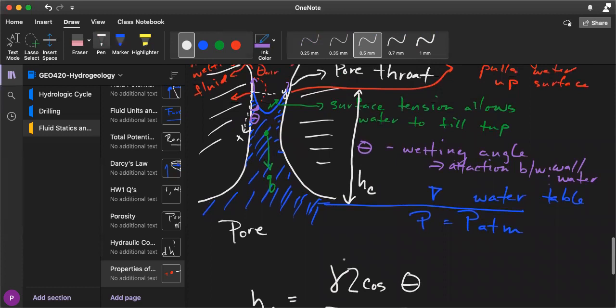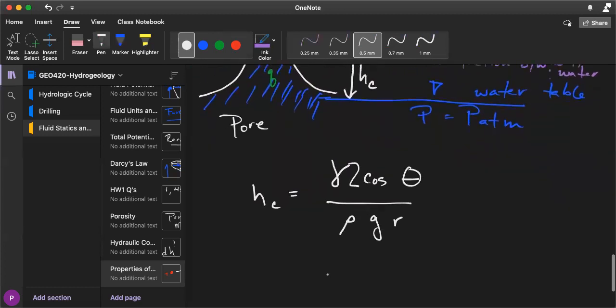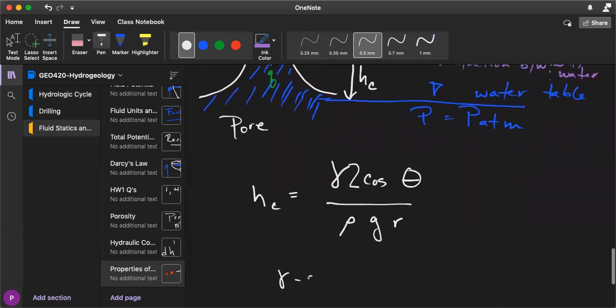Gamma is surface tension. It's a force, so it is in newtons per meter.